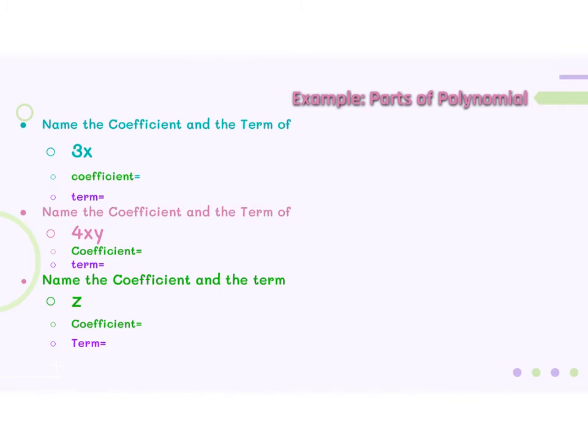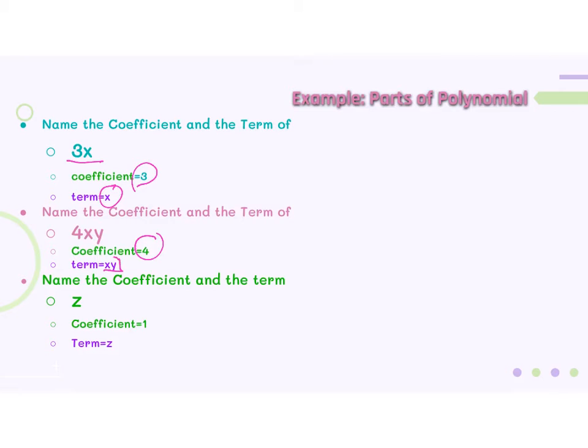Now you try. Name the coefficient and the term of these three different problems. In 3x, you'll notice the coefficient is 3. The term is x. Name the coefficient and the term of 4xy. The coefficient is 4.